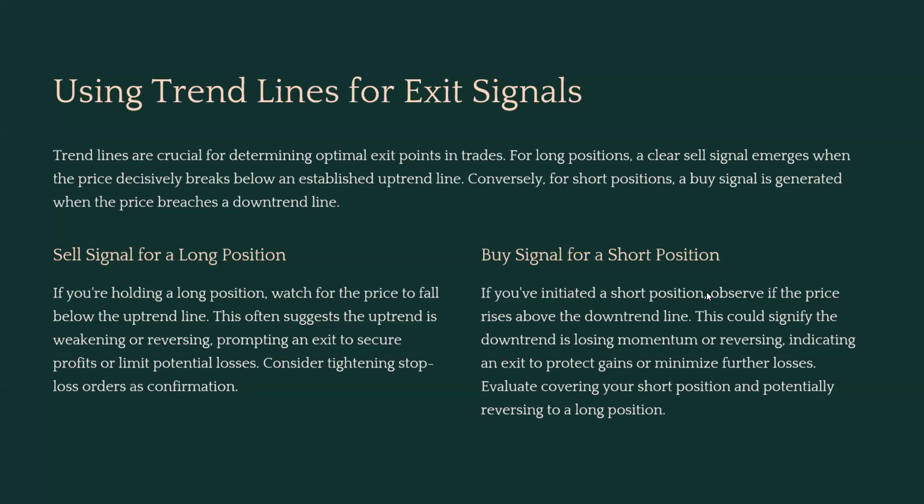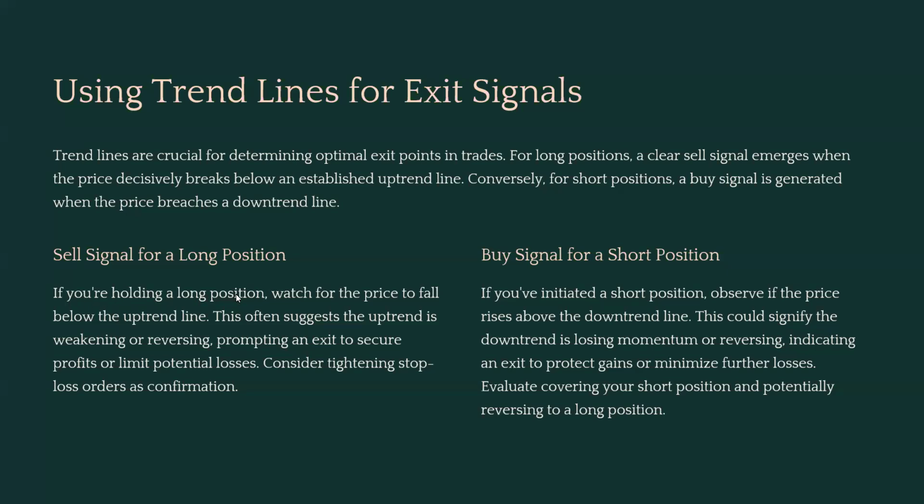Okay, so next let us take a look at some trend line patterns that show the signal for an exit. Trend lines are crucial to determine the optimal exit point in a trade as well. For long positions, a clear sell signal emerges when the price decisively breaks below an established uptrend line. Conversely, for short positions, a buy signal is generated when the price breaches a downtrend line.